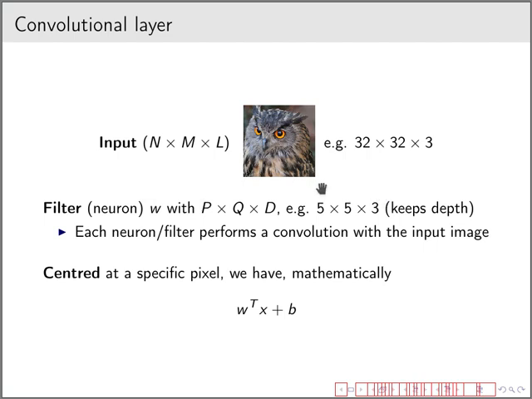Remember from the lectures about image filtering, we defined, for example, a 5 by 5 Gaussian filter or mean filter or median filter that would process the input image and produce an output image modified by that filter, right? In this case, it is exactly the same.